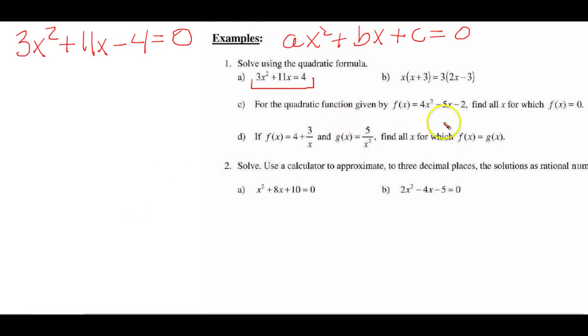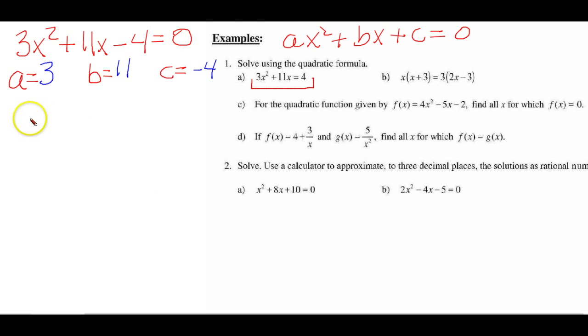Now, in order to use the quadratic formula, we have to identify what is our a term, what is our b term, and what is our c term. So let's do that. Our a term here is a 3. Our b term here is an 11. And our c term here is a negative 4.